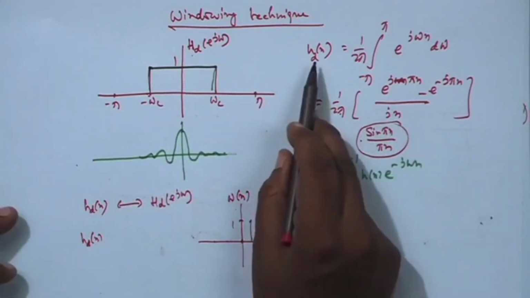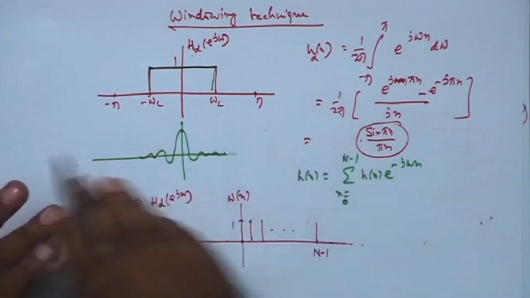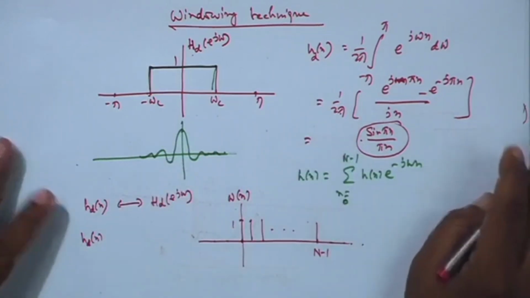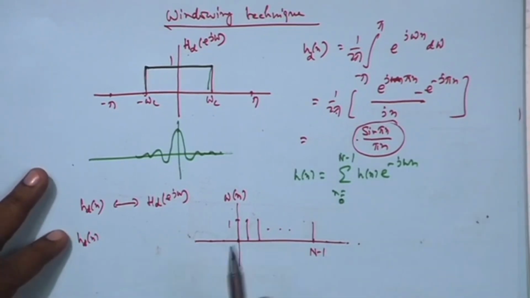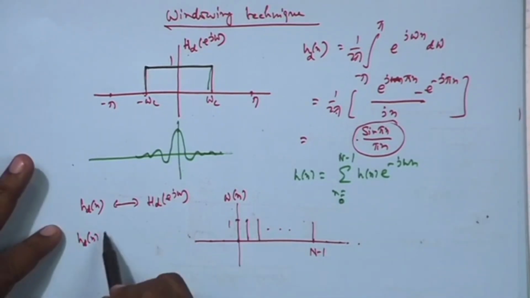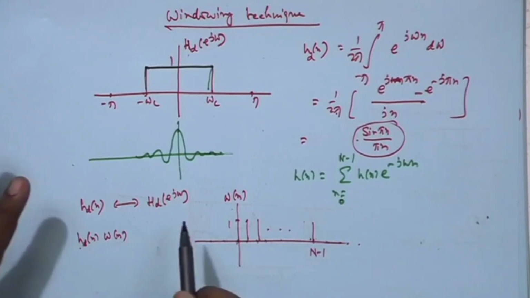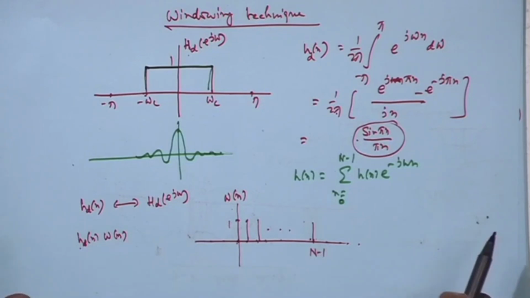So, when I take its inverse transform, it is in general IIR, but IIR filters I am not bothered, neither am I interested in non-causal designs. So, I multiply h d n by a window w n. That means, only coefficients of h d n at these points will get multiplied by 1. So, they remain as they are, otherwise they will be 0.